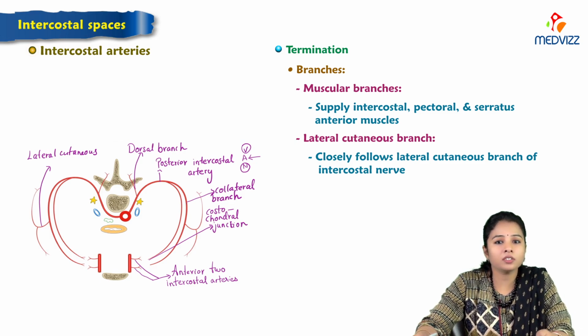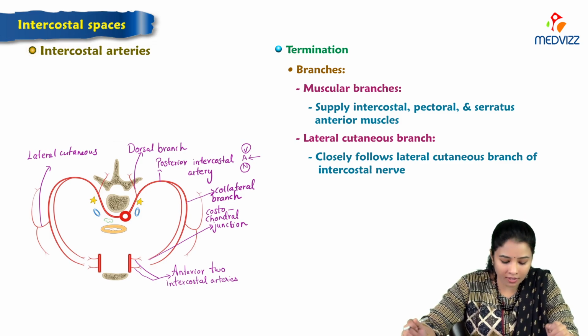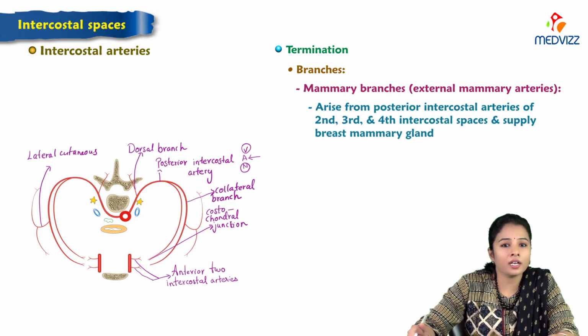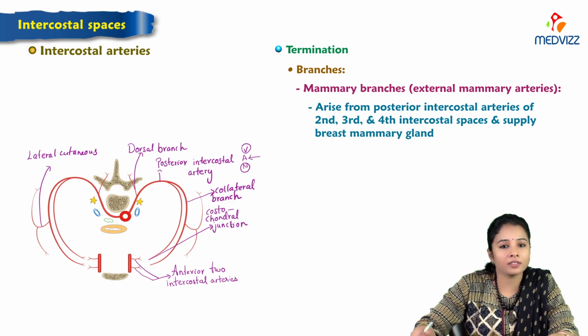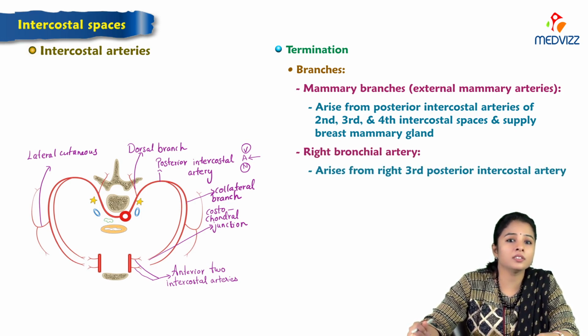Then mammary branches, external mammary arteries, they arise from the posterior intercostal arteries of second, third and fourth intercostal spaces to supply the mammary gland. Then about the right bronchial artery, it arises from the right posterior intercostal artery.